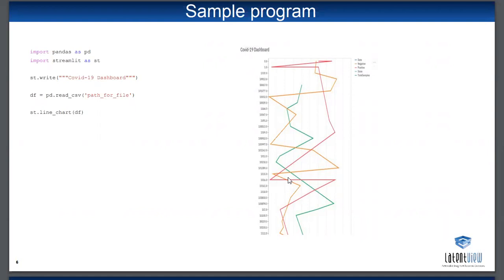After that, I downloaded a CSV from Google and uploaded it. For the file path, you give your path to the file. After that, st.line chart of df. First I convert it to a data frame, and given that data frame, you will see a line chart. That's one example for Streamlit.